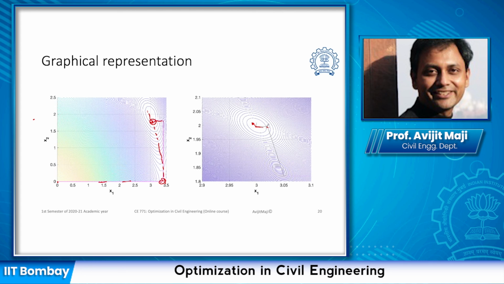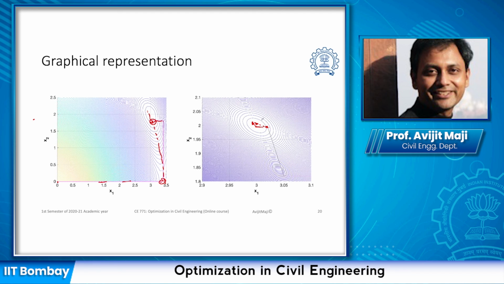And once we get this point here, if we join the optimum point here and the optimum point here, this will become my conjugate direction, and along that conjugate direction if we search, we'll get an optimum point at this particular location.